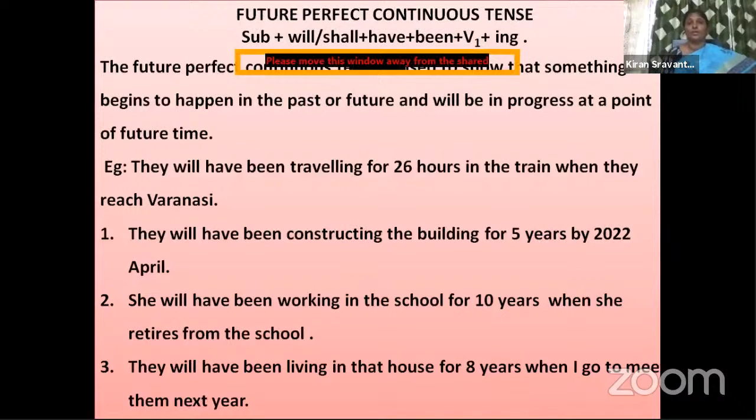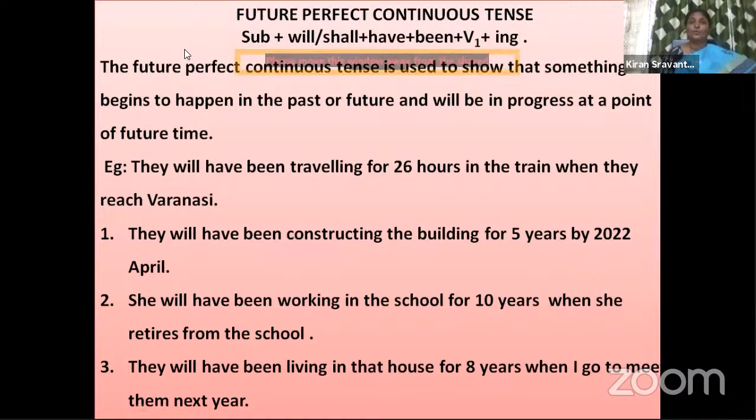In any perfect continuous tense, has or have plus been plus V1 plus ing will be there in present perfect continuous tense. Coming to past perfect continuous tense, no has or have, but had plus been plus V1 plus ing. And future perfect continuous tense, will or shall have plus been plus V1 plus ing.